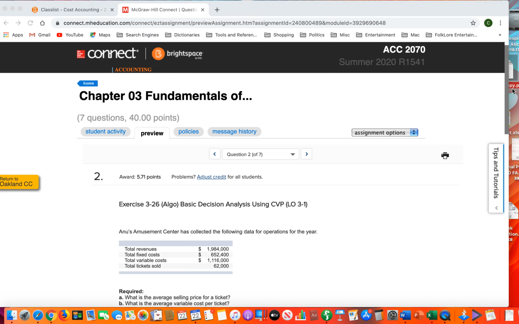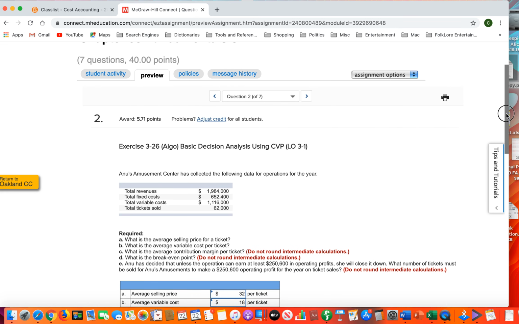Next, what is the average variable cost per ticket? Well, the total variable cost is 1,116,000. You divide that by 62,000 tickets, then you find the average variable cost is $18. And that should be it right there.